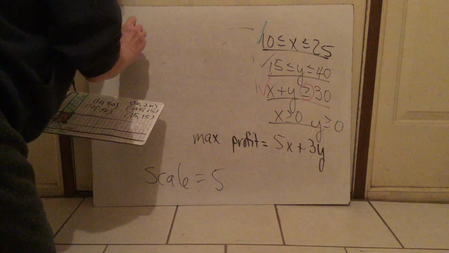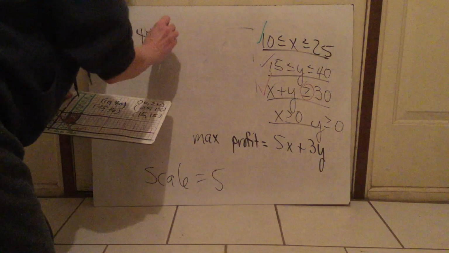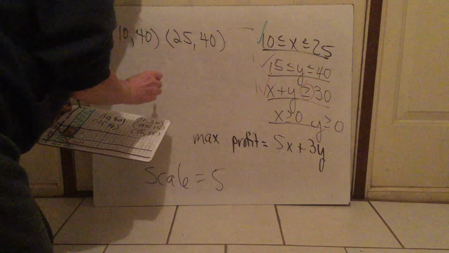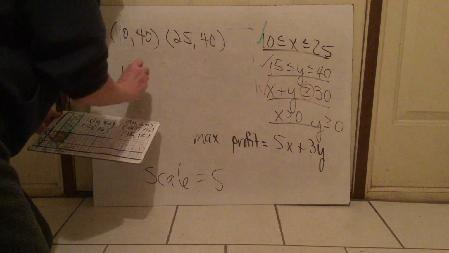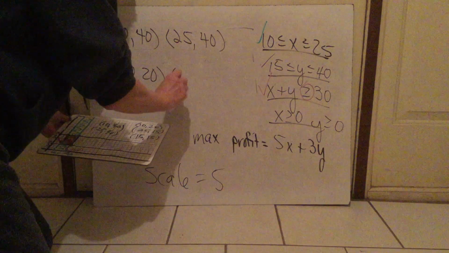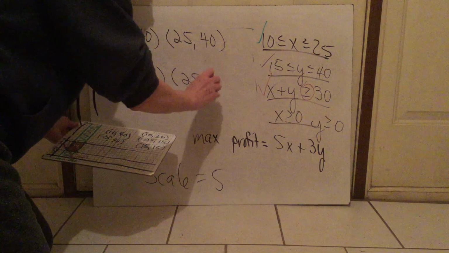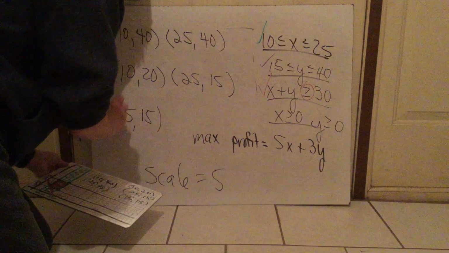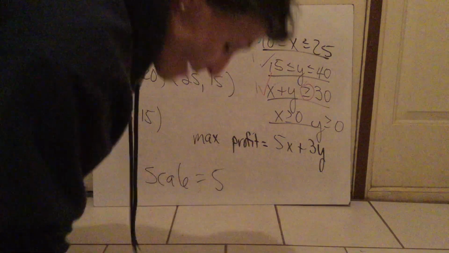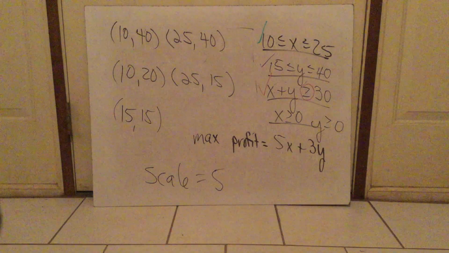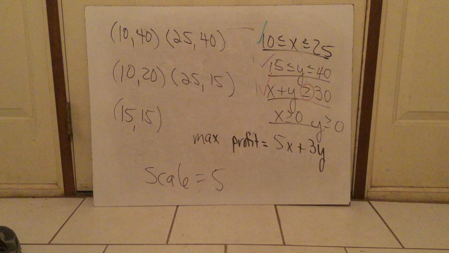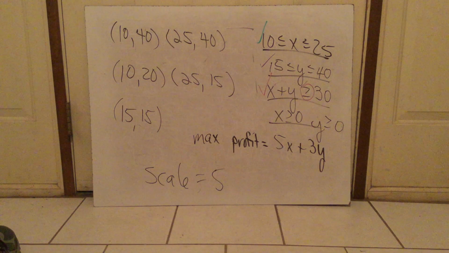So we have the points 10, 40, and these can be in any order. I don't know what order you have them written down. It doesn't matter. They can be in any order. All right, here they are. Those are the 5 points of our feasible region. Now, what do we do now? We have to figure out which one of those is the best answer.